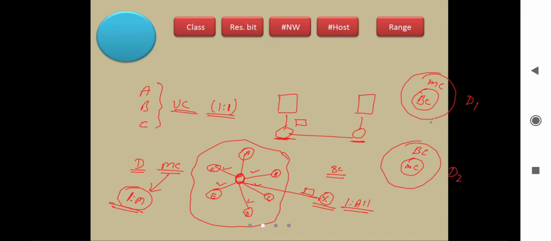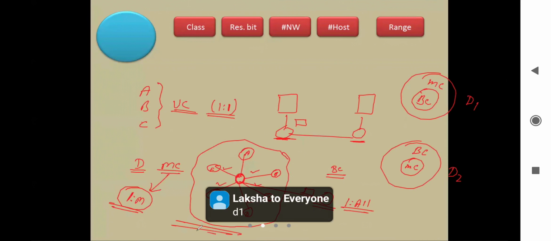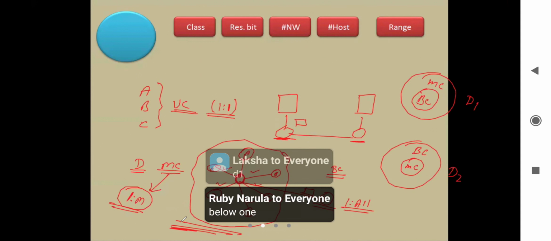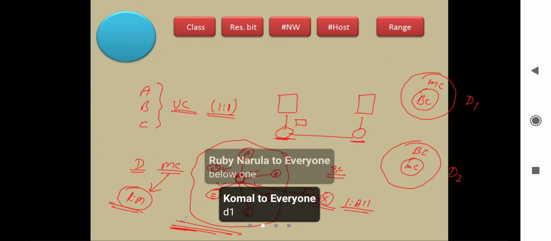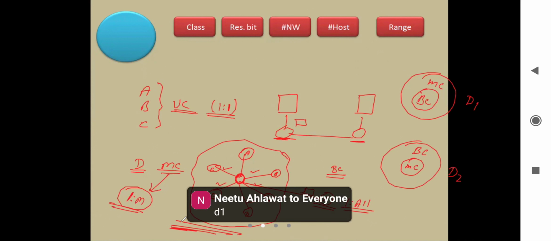Which diagram is the valid one? And firstly confirm, is broadcast clear or not? Okay, D1 and D2. D1 is the right answer.